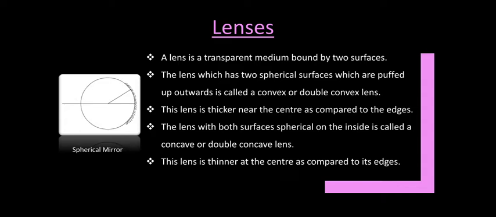This lens is thicker near the center as compared to the edges. The lens with both surfaces spherical on the inside, means they are curved from inside, is called a concave lens or double concave lens. This lens will be thinner at the center as compared to its edges. We will see how they look.